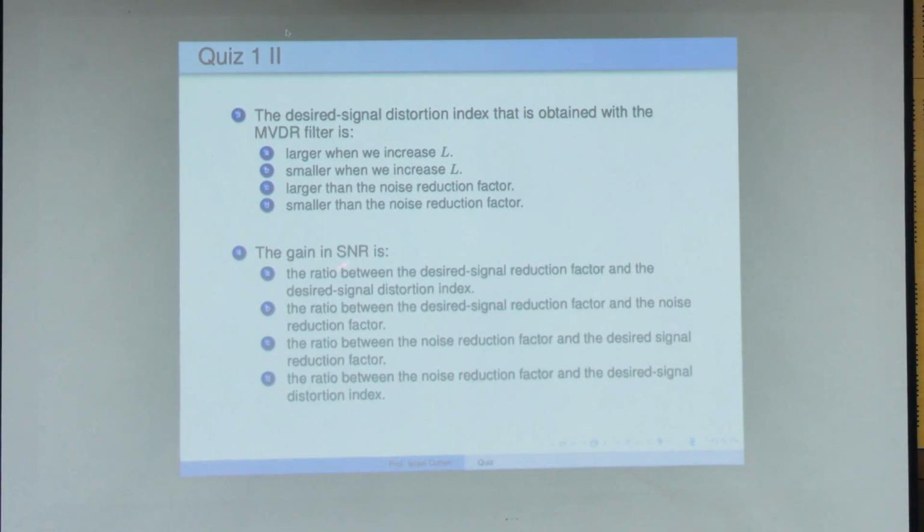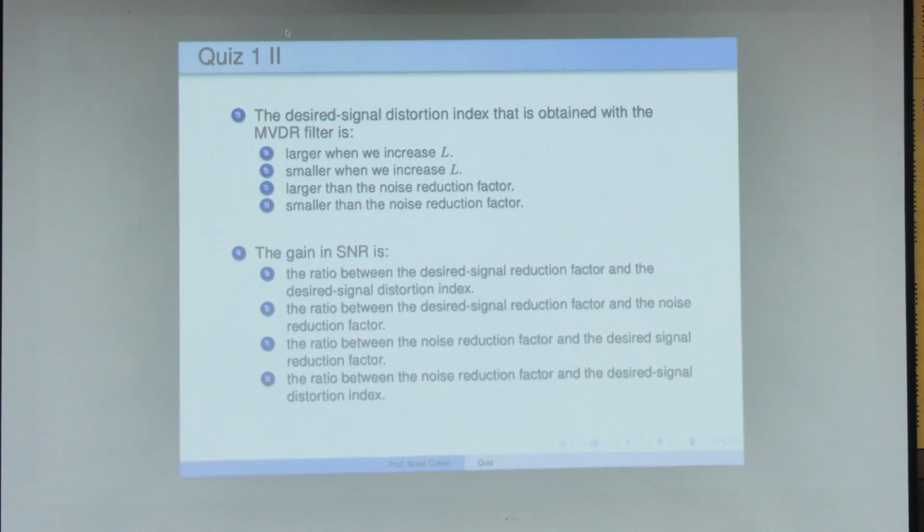Okay, the gain in SNR, A, B, C, D. C, okay. The ratio between the noise reduction factor and the desired signal reduction factor. Even if you don't remember, think about it.